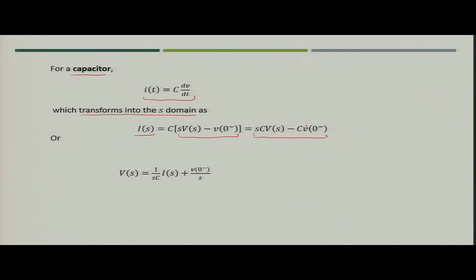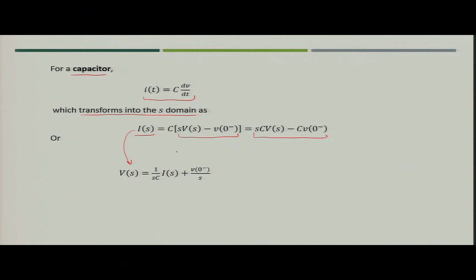So, finally, the current I(s) we will get is s into C V(s) minus C v(0). Now, in the same way, if you rearrange this expression in terms of voltage V(s), you can simply write V(s) is nothing but 1 upon sC into I(s) plus v at time t equal to 0 divided by s.